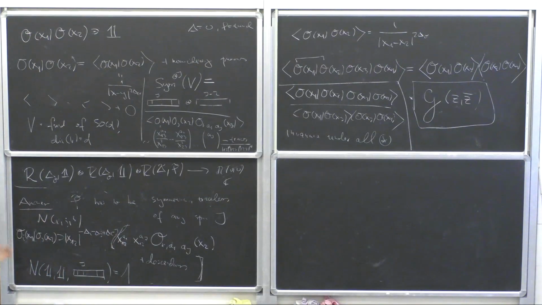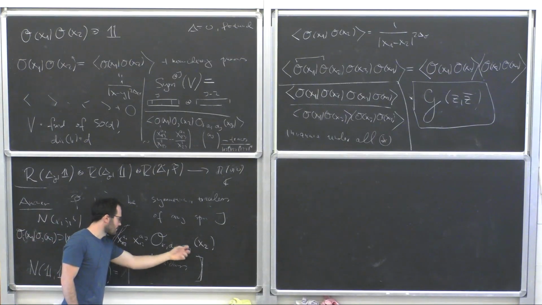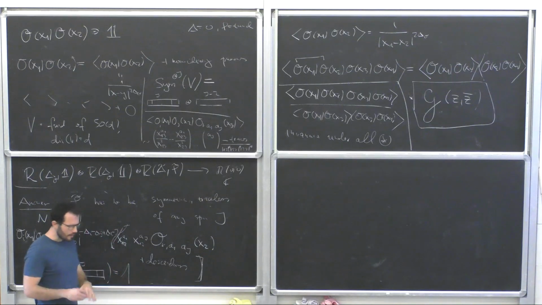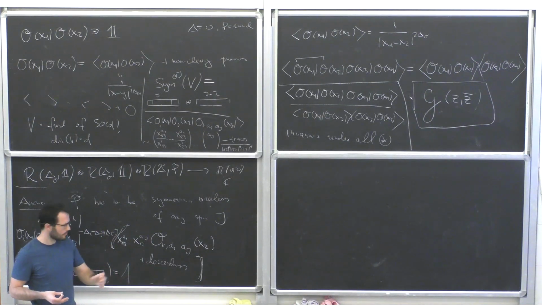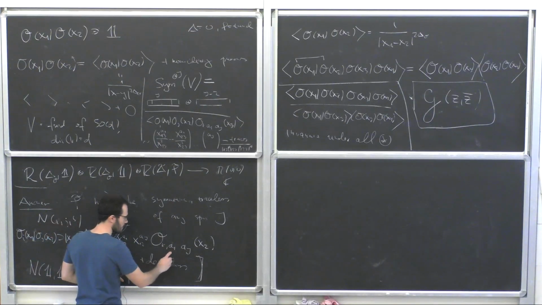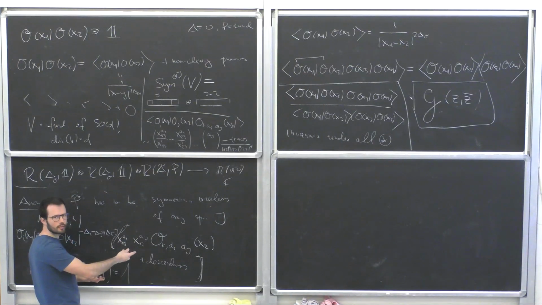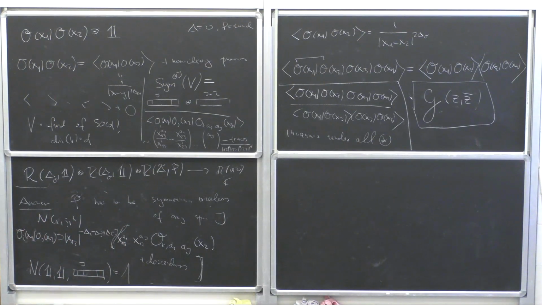This was a sketch of a proof: in the OPE, any of these representations of SO(d) are either symmetric or anti-symmetric irreducible representations, and you can always decompose. If anything here was anti-symmetric, you contract it with the x's and you get 0, because the x's commute with each other. So that's a sketch of the proof.